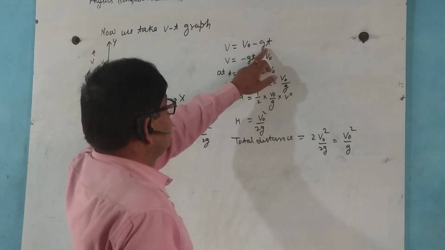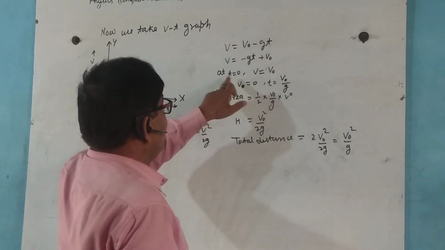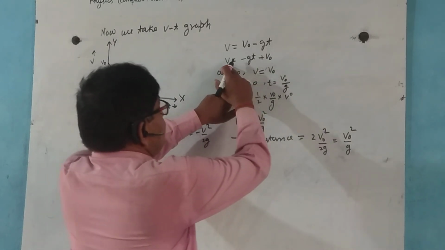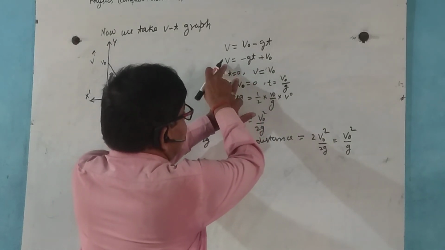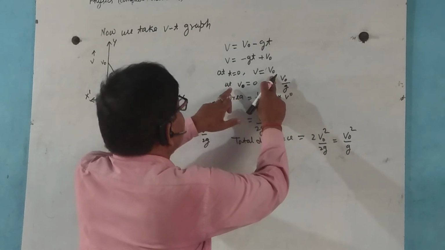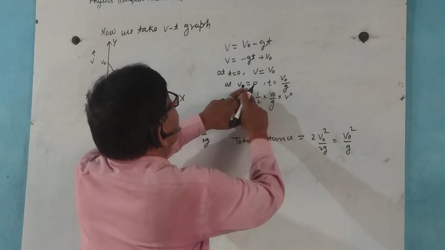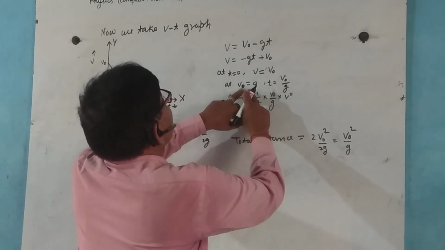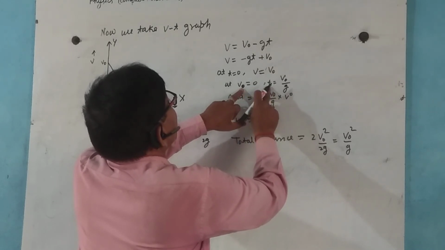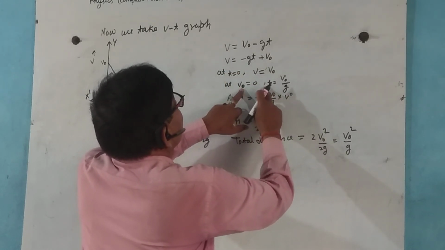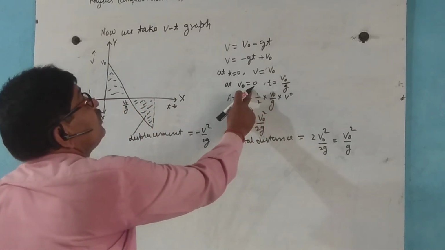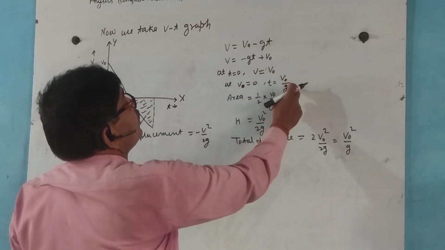In this case, minus G t plus V0. At V equal to 0, the final velocity, we get T equal to V0 by G.